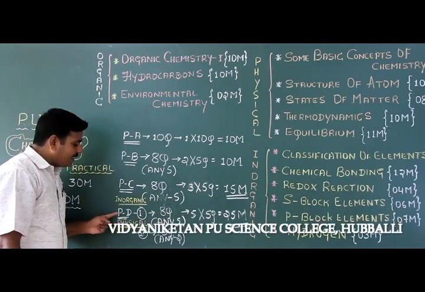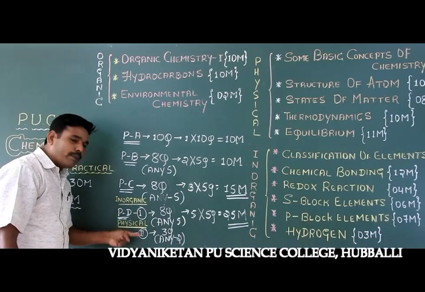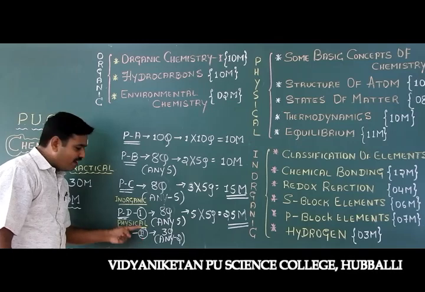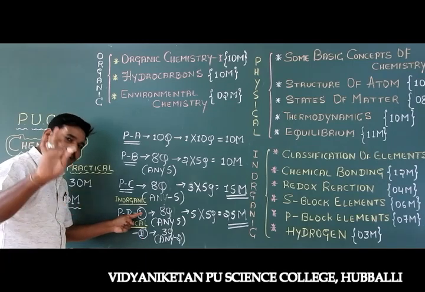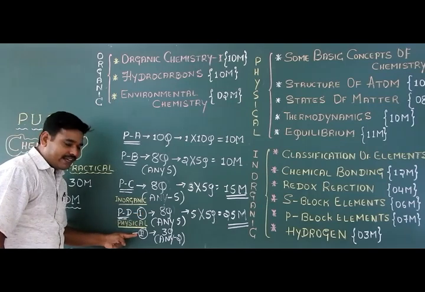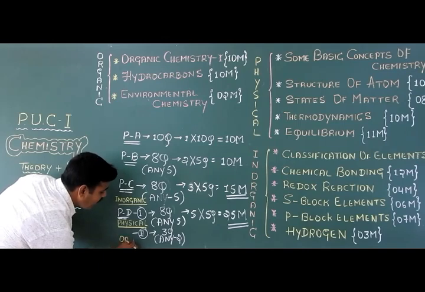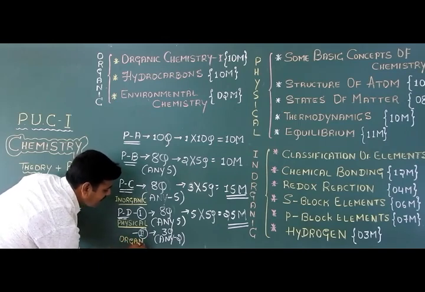Again, this part D is subdivided into 2 mains, first main and second main. The first main is completely meant for physical chemistry questions, and the second main is completely meant for the organic section.